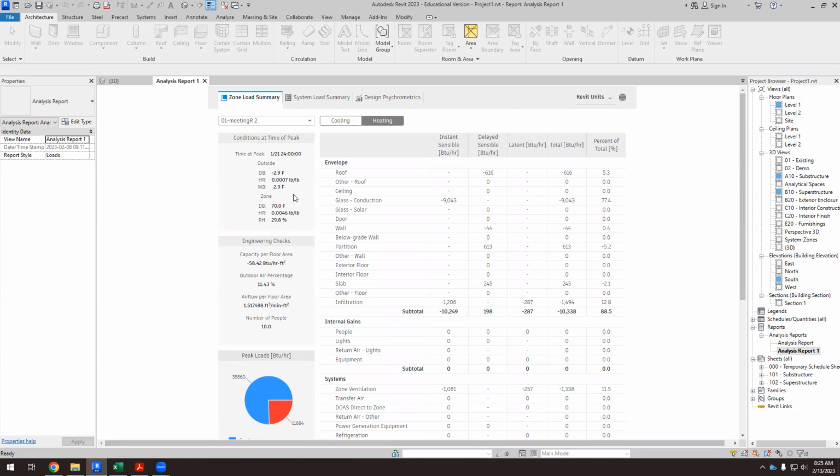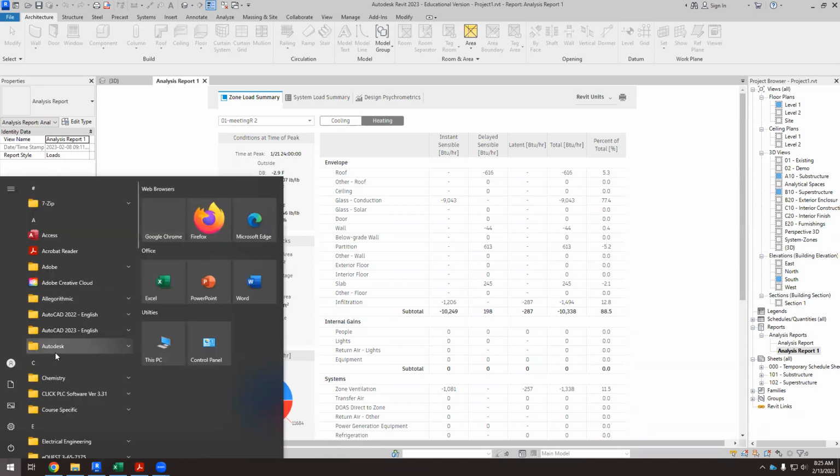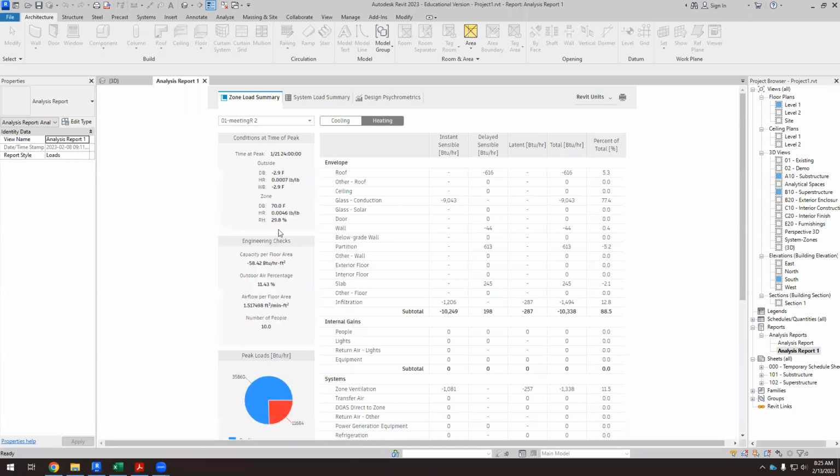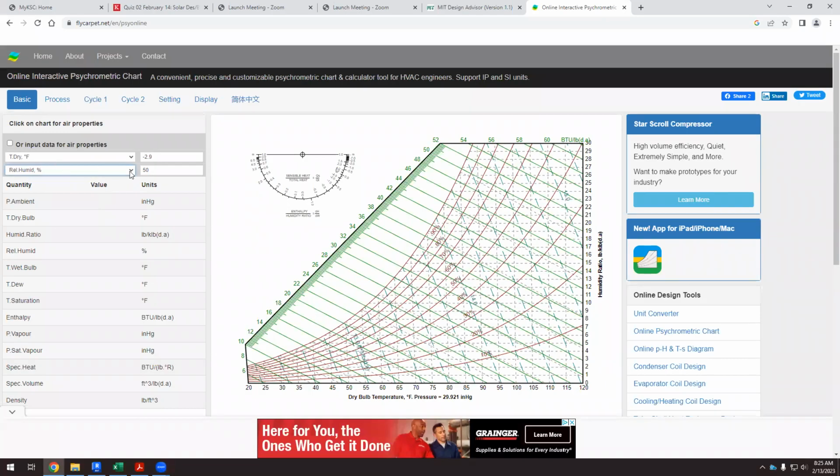So if we have to do this in pounds divided by kilopounds, we have to multiply by 1,000. It's not difficult, but we need to know what we are doing. 0.0007 times 1,000 is 0.7. So in this specific humidity field, we have to type 0.7.